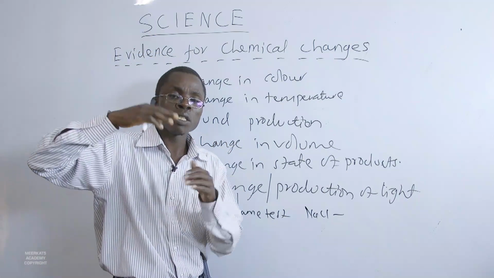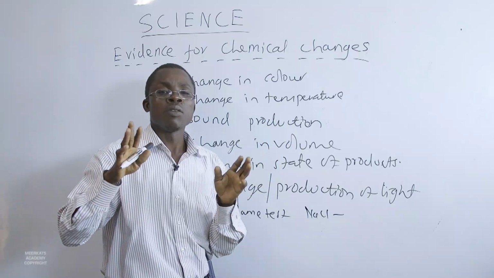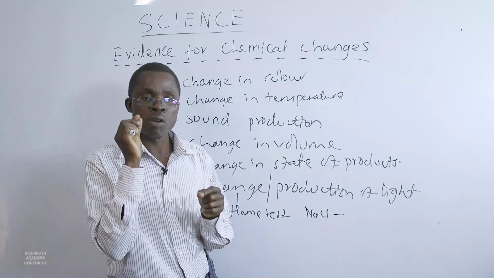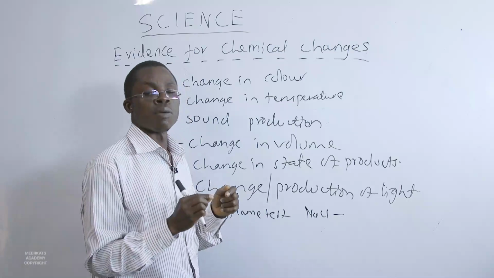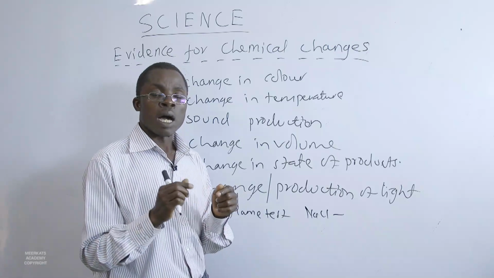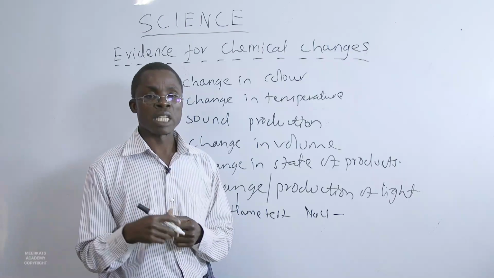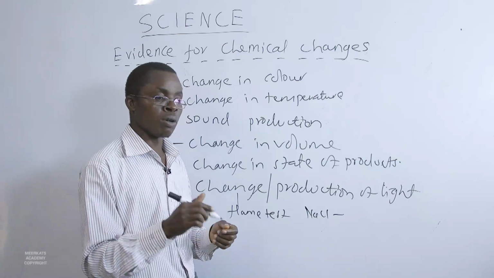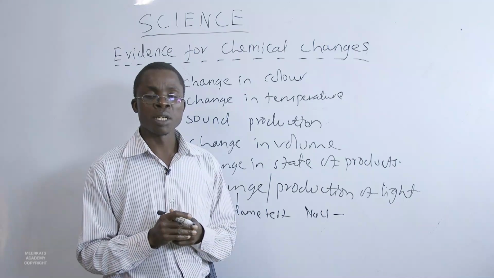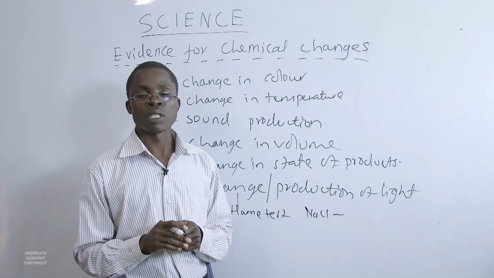So the excess energy must be given out. It is given out in the form of yellow color, yellow flame. And that flame is giving out a light. So that light we are seeing is the yellow light. And you will say, oh, that substance that is being tested is a sodium substance.